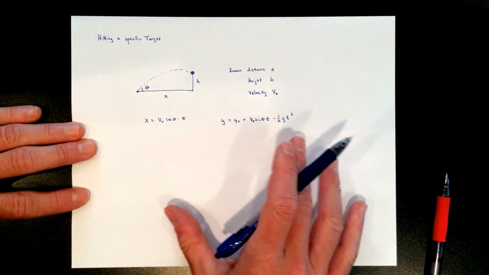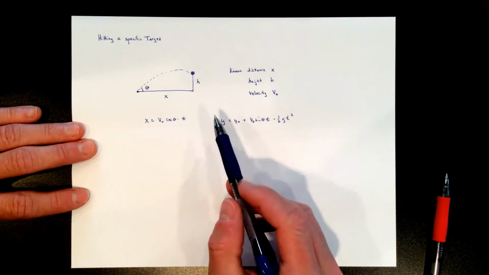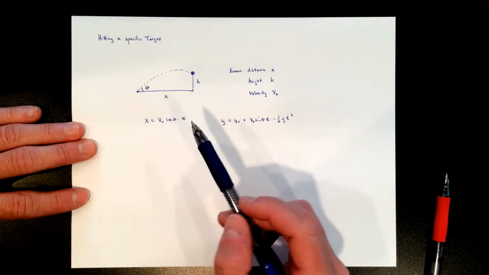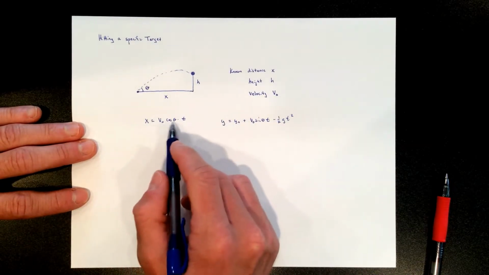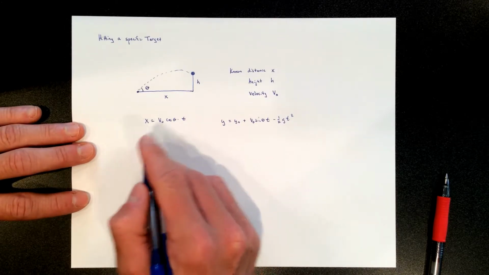Again, v naught sine theta is our vertical velocity, and then we're under the influence of gravity. And so this ends up being pretty easy. What we want to do is get rid of time. We don't really care how long it's going to take. We just want it to go a certain distance and be a certain height at that distance. So we're going to take this equation and eliminate time, meaning we solve for time here.